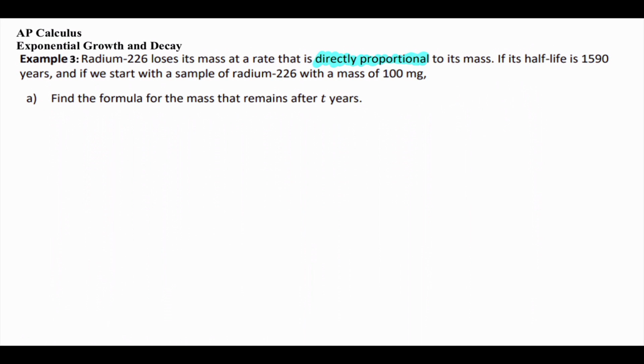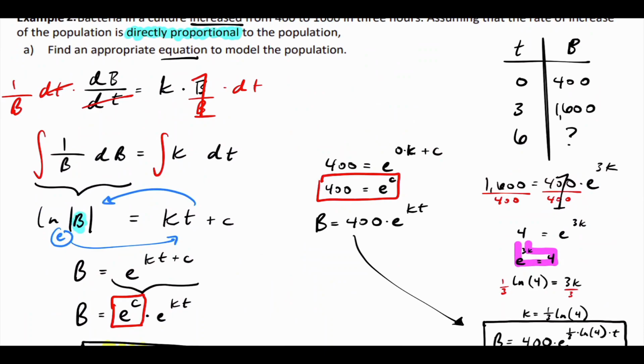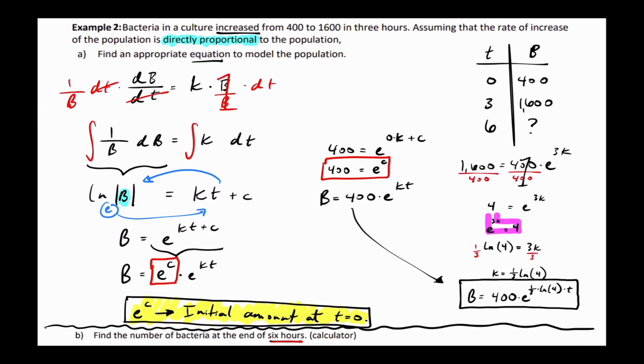Okay, and if we start with a sample of radium-226 that has a mass of 100 milligrams, find the formula. So now they want us to do what we did in part A of the last question. Where do we start? We start up here.